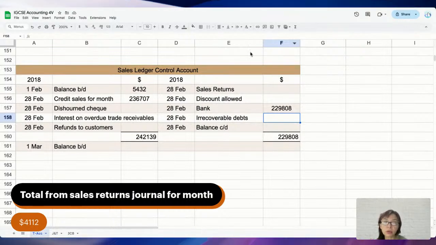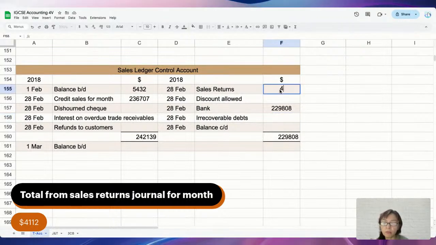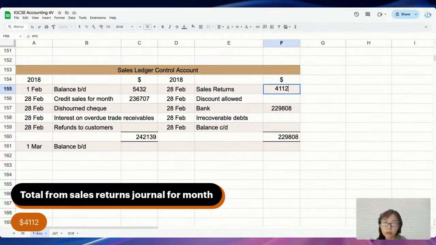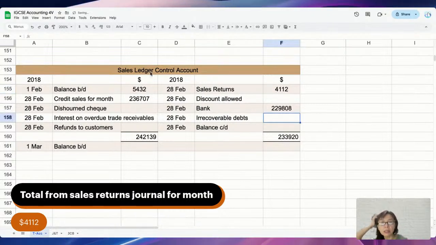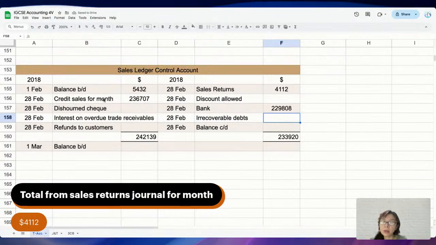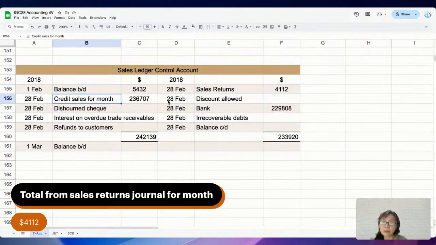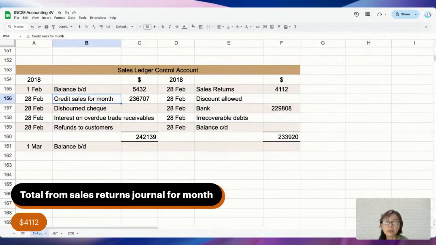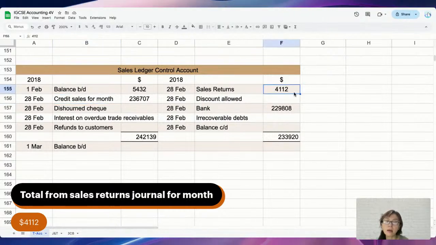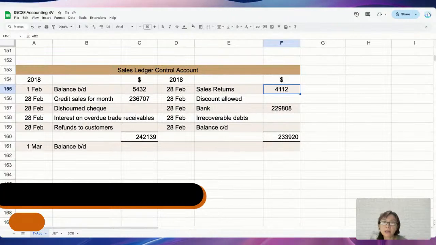So you just need to record it, 4112. You see, in the sales ledger, sales is debit. Sales return, of course, is canceling off, that's why it's on the credit side.